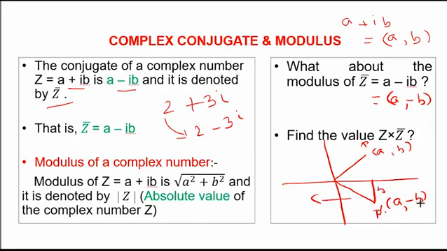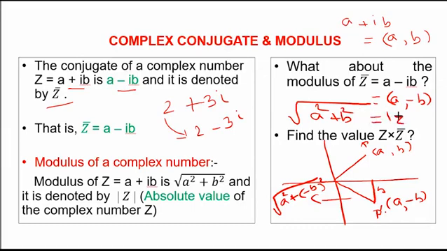But when you plot a comma minus b, the length of OP dash is by the same method root of a square plus minus b whole square, which gives a square plus b square. Therefore, the modulus of z bar, the conjugate of a plus ib, is also root of a square plus b square, which is nothing but the modulus of z bar, which is equal to the modulus of z.